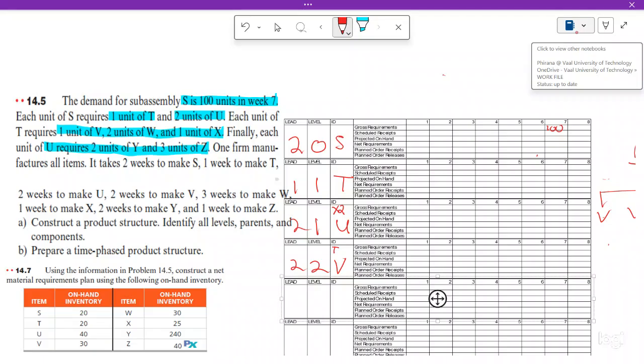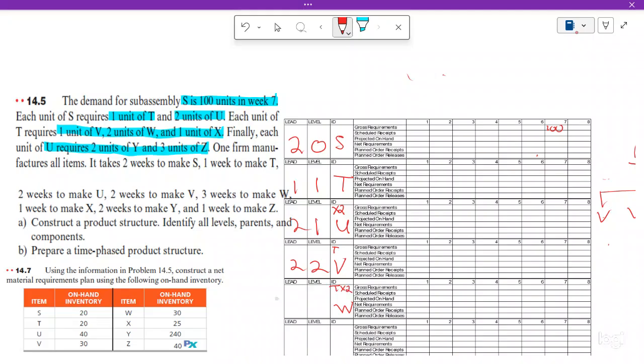So now we are at W. It requires 1 week. But we know that W has two components coming from T, times 2. And then I write T times 2.